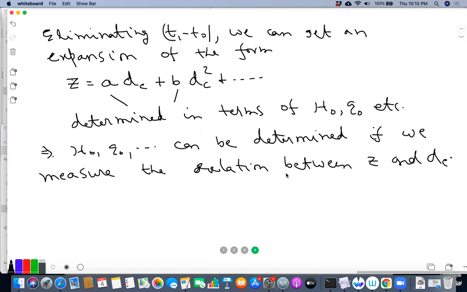And this is what we measure experimentally, the relationship between Z and dc. So now we'll turn to the actual theoretical analysis of how A actually evolves with time.